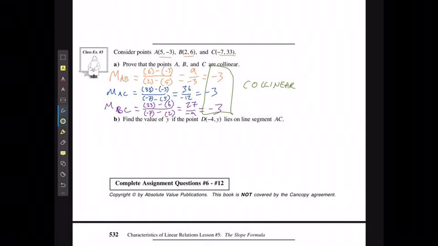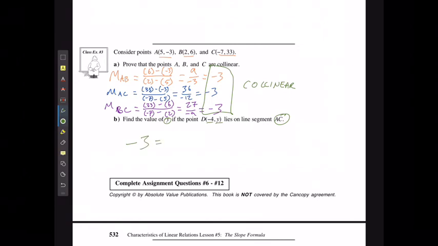If I want to find the value of Y at point D, which lies on the same line segment as AC, then I know that the slope of AC is going to be negative 3.